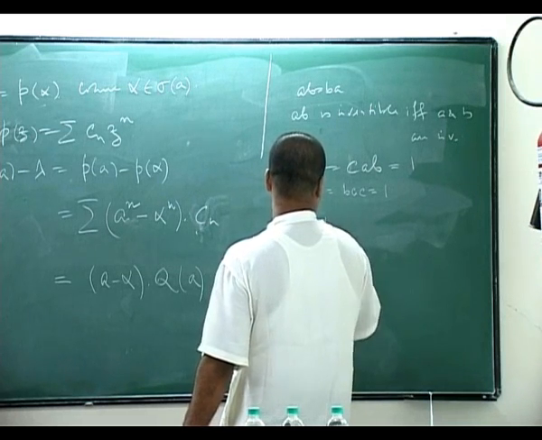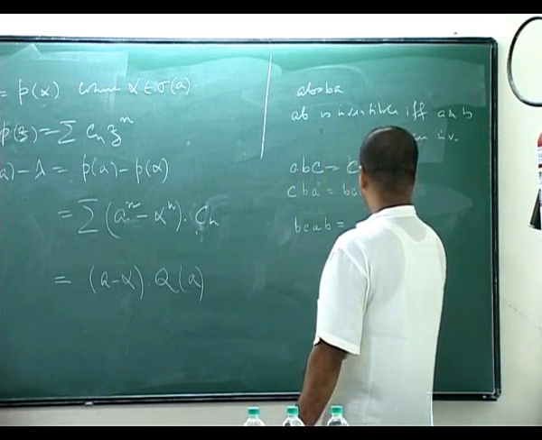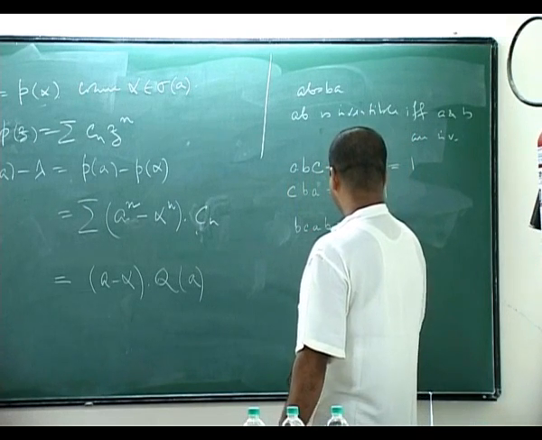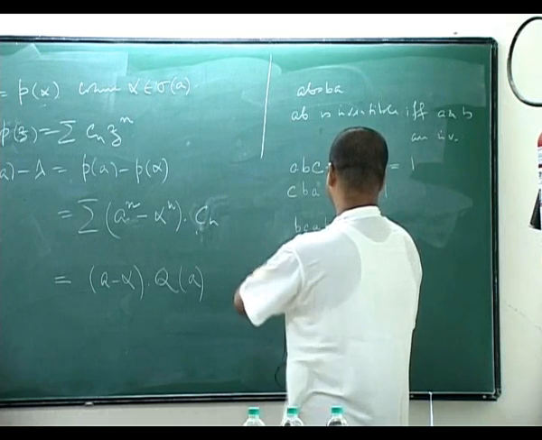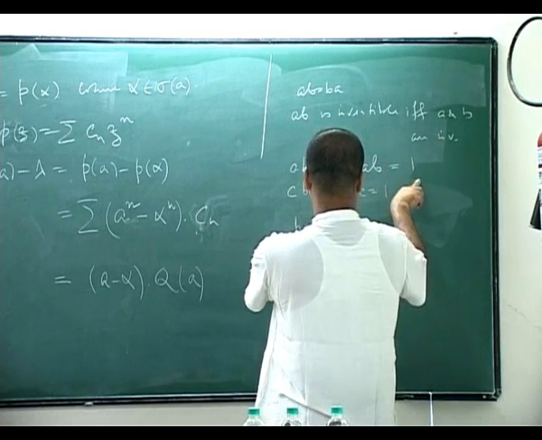See, B has both right and left inverse. That's all I know. CA is a one-sided inverse. Yeah, meaning it is a manipulation around this.